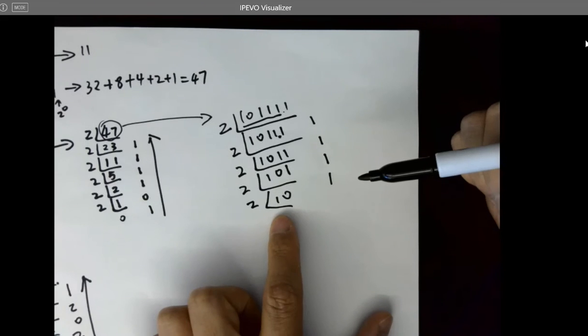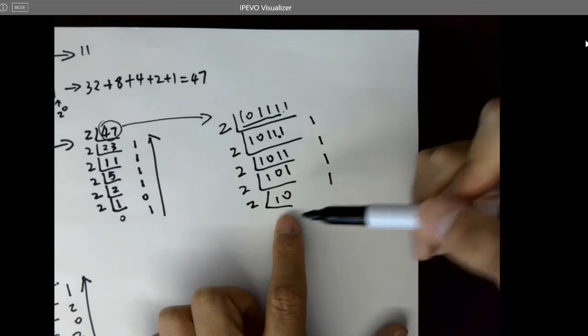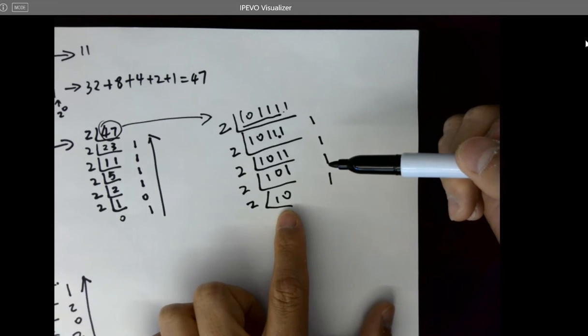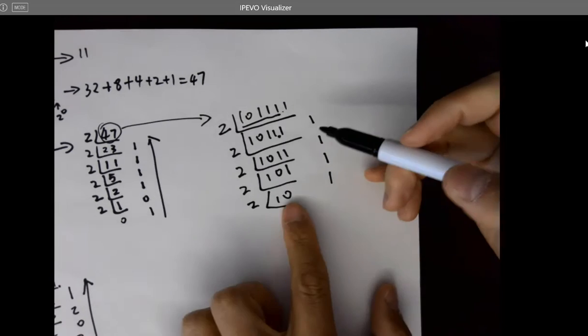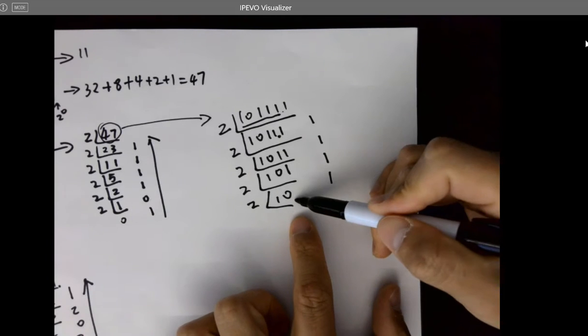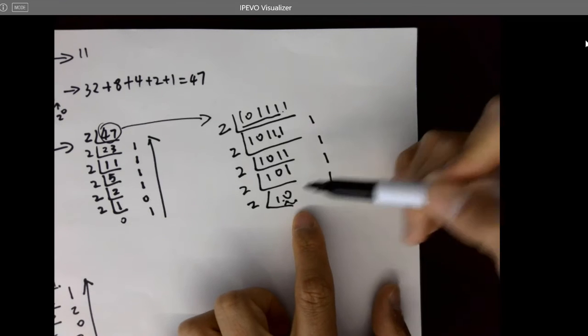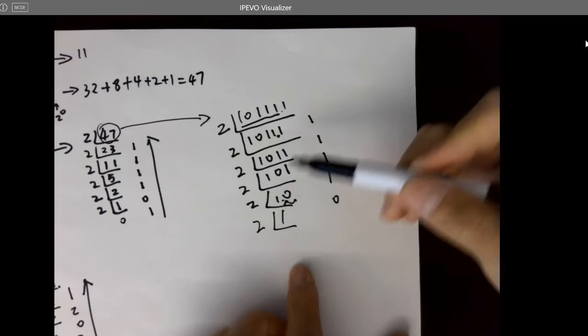What's the result? What's the remainder? Wait, 1 0 divided by 2. What is 1 0? It's 2. So 1 0 divided by 2, the result is 1, remainder is 0, and then do it again.